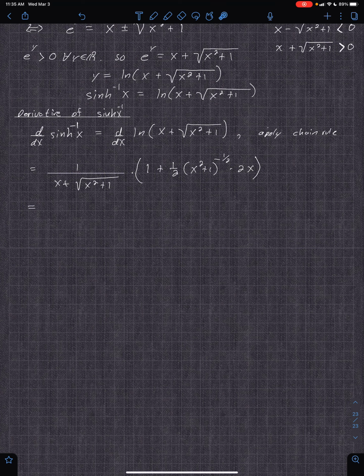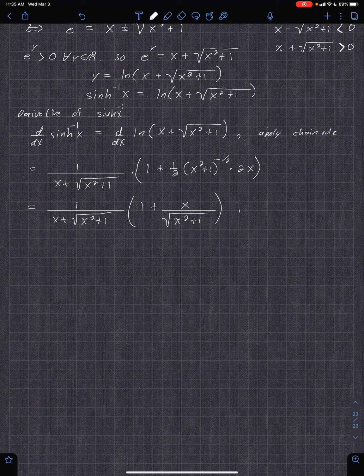So now let's just start simplifying this. So you get 1 over x plus the square root of x squared plus 1. And this becomes 1 plus, so the 2's are gone. You end up with just x over the square root of x squared plus 1. And so now we just need to add rational expressions. Well, they're not really rational, right? I mean, they're expressions. So add the fractions, basically, with common denominators, and add them up.